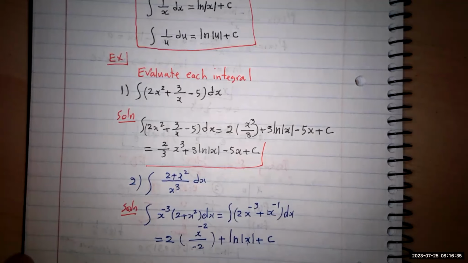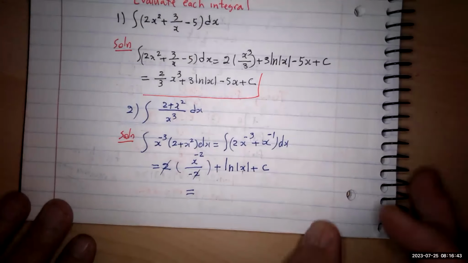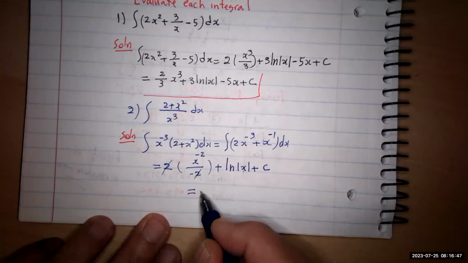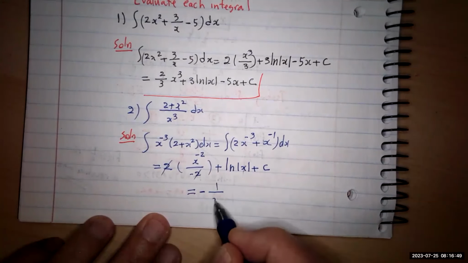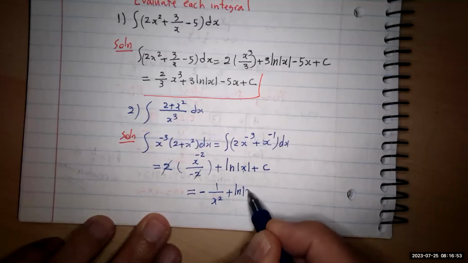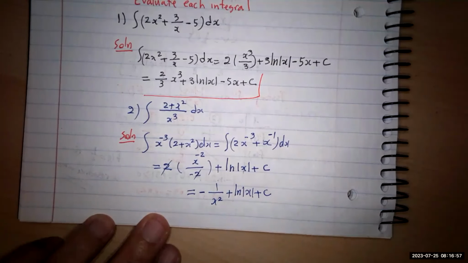So we have to take care of these negatives. The 2 and the 2 would cancel out. There is a negative sign here. So the final answer is negative 1 over x squared plus ln of the absolute value of x plus the constant c.